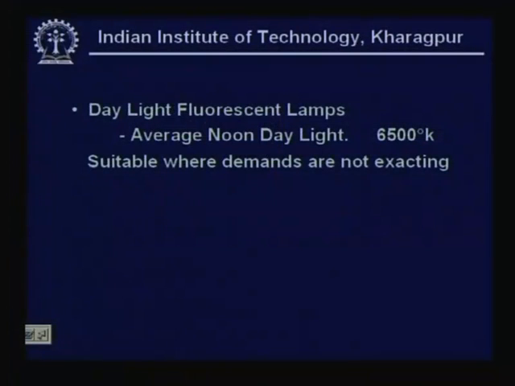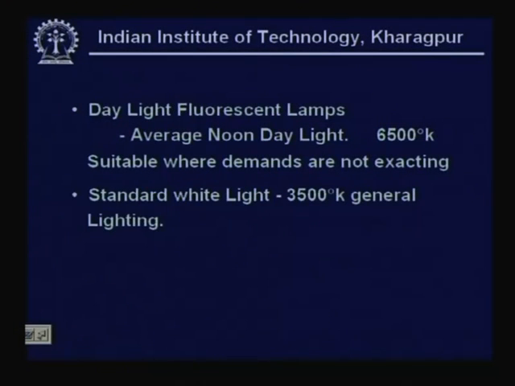Though initial radiation is obtained by electroluminescence, it is the fluorescence which is giving you the ultimate output, and hence it is giving a different kind of spectrum. You cannot say it is any more what you call line spectrum. Now, this is okay where the demands are not very exacting.